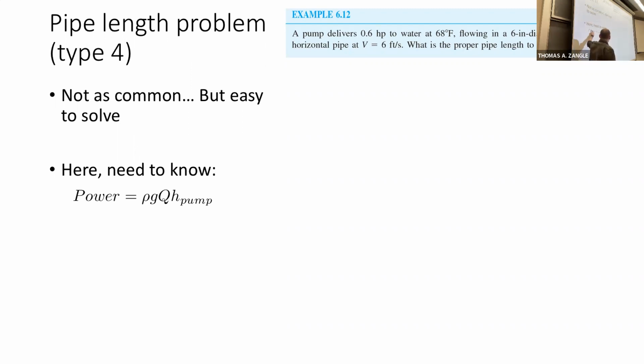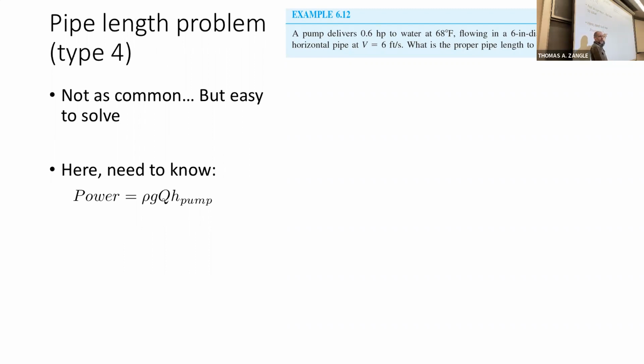For the power, we went back to our energy balance and our energy balance derivation. We can come up with this expression that the power of a pump we would express as rho g Q H pump.